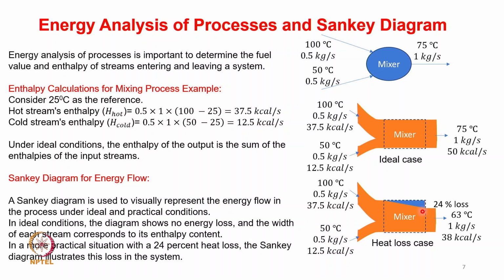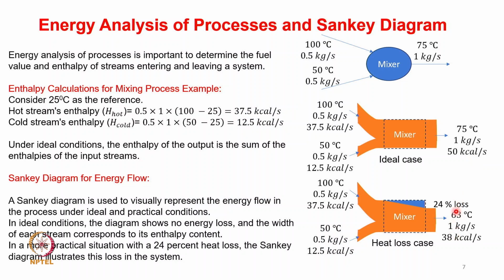Now look at a case which has more practical relevance. Assume that in the process of mixing there is some 20% or 24% heat loss. So they combine and mix together, and overall due to the mixing there is some loss of energy. It should have been a nice rectangle here, but it will be shaved off here and goes out at a different temperature, because there is a heat loss.